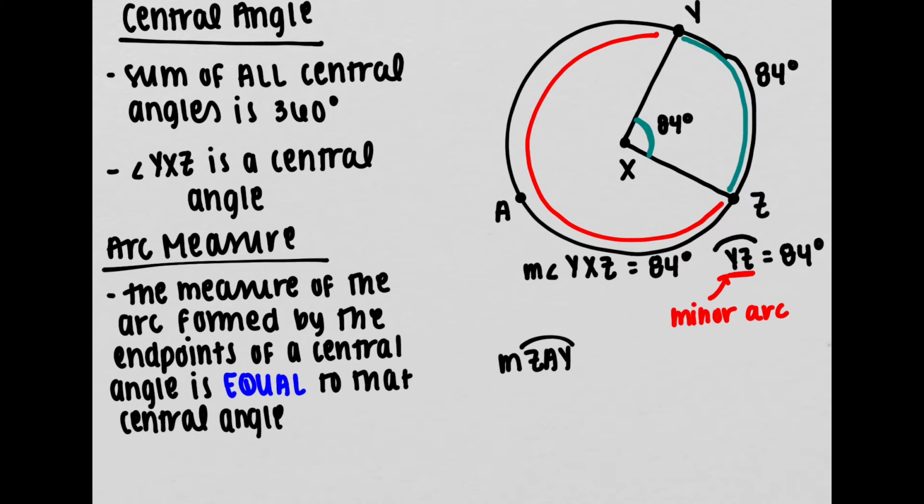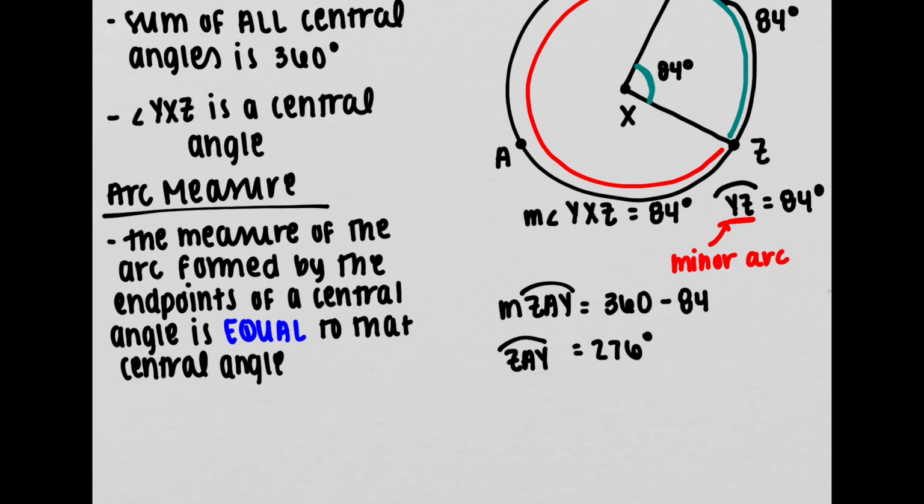Just like central angles, we're looking at the number 360. To find that missing piece, I take 360 and subtract what I already have, which is 84. 360 minus 84 leaves me with 276. So I know that arc ZAY is 276.